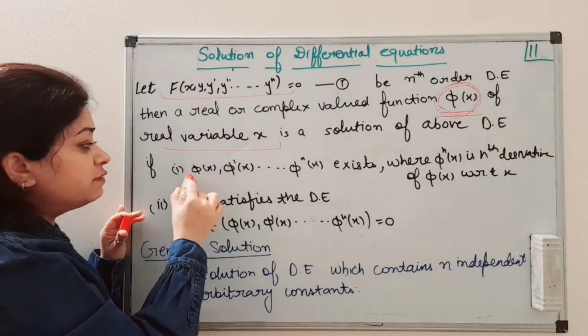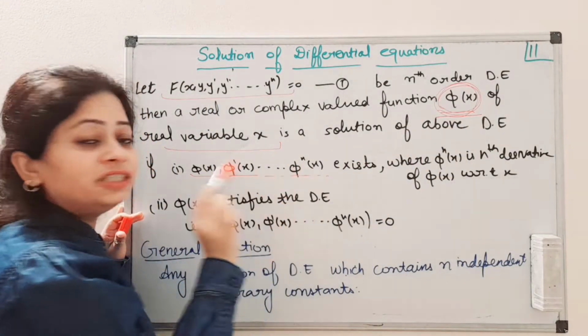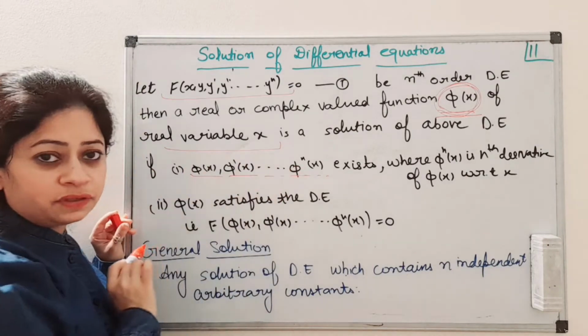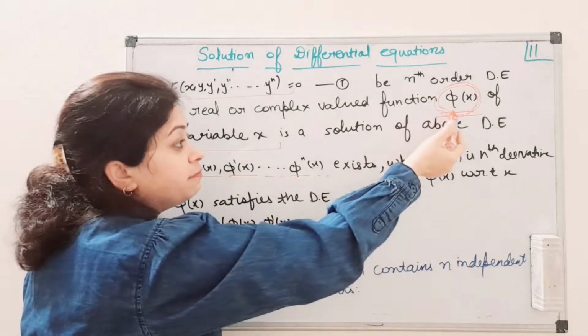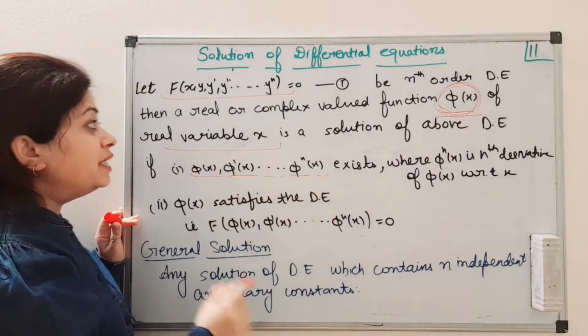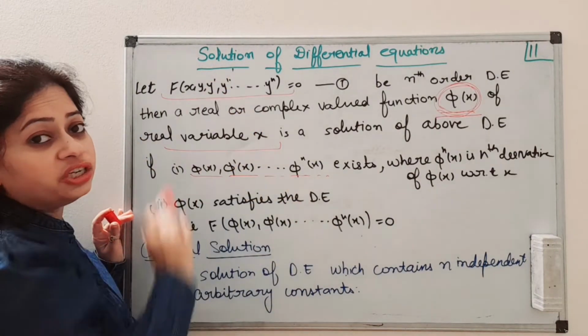That means phi x, phi dash x up to phi n exist, all n derivatives. Secondly, this function and these derivatives satisfy this differential equation.